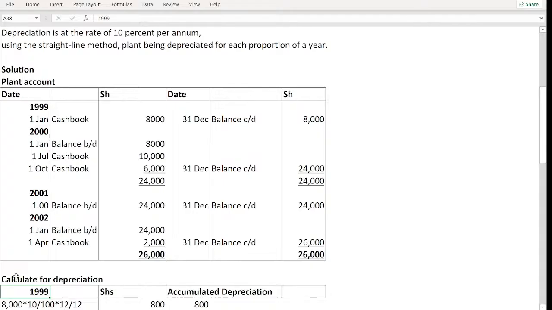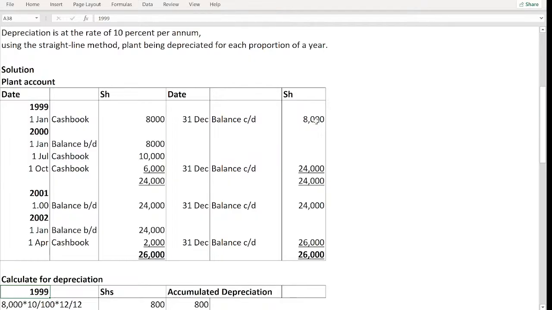This is the plant account. We are going to have two sides, the debit and the credit. On our books in 1999, we are going to show that on 1st January we bought a plant costing 8,000. So on December we shall credit the balance carried down of 8,000.